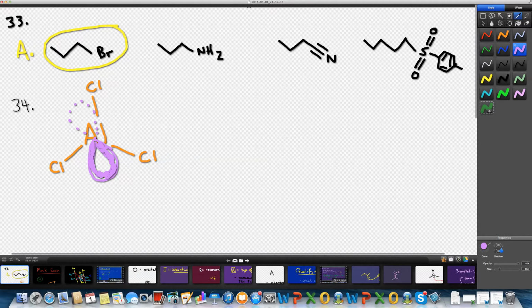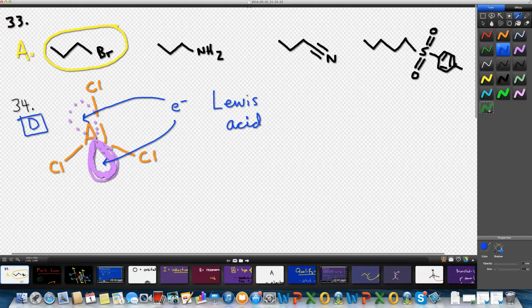That means we can accept electron density into the top p orbital lobe or the bottom p orbital lobe. This means that this is a great electrophile, so this is a strong Lewis acid. But because there's no electron density in these p orbitals, it cannot act as a Lewis base. Therefore, D is the credited response for number 34.